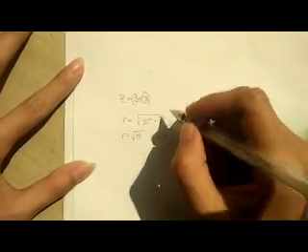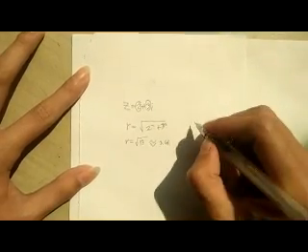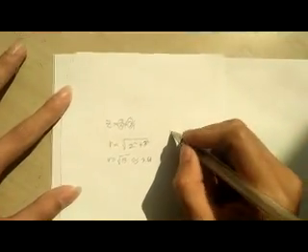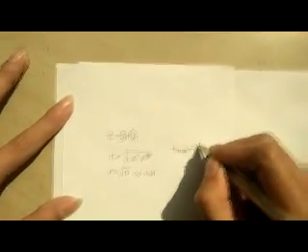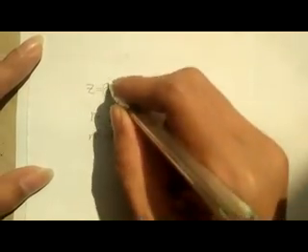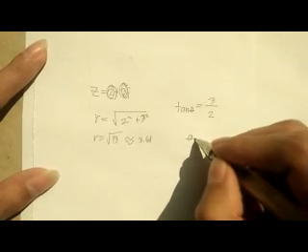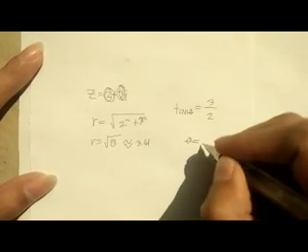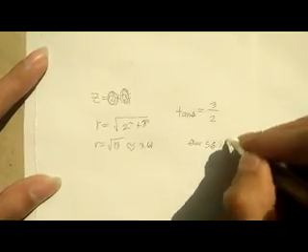Also getting the angle of it, tan theta is equal to 3 over 2, which is here and here, and our theta is equal to 56.31 degrees.